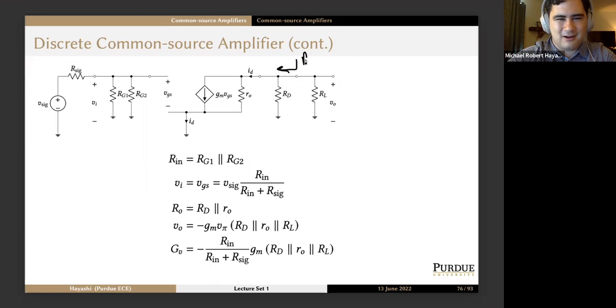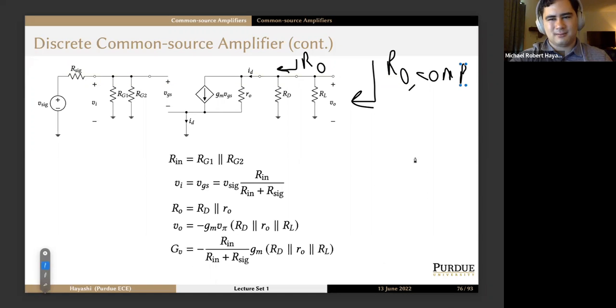So this is RO, whereas this is RO, complete. The output resistance defined here is RD in parallel with RO. If they ask for the complete output resistance, it's RL in parallel with RO in parallel with RD.